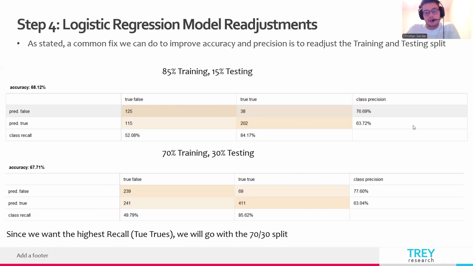It did much better, especially in recall, where it's at 84%. But I also wanted to test one lower, which would be 70% training and 30% testing. And the true trues was 85.62%, which is very, very high. Since recall is the one we're going to use, that is the model that I'm going to compare against.